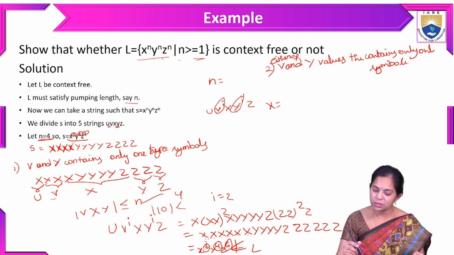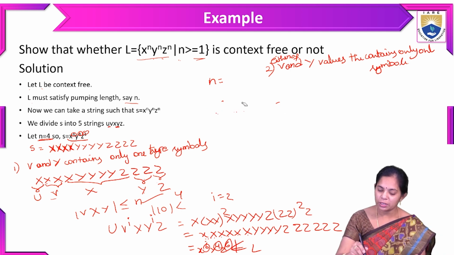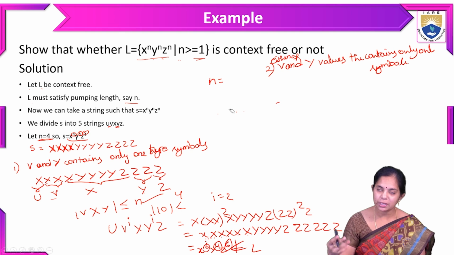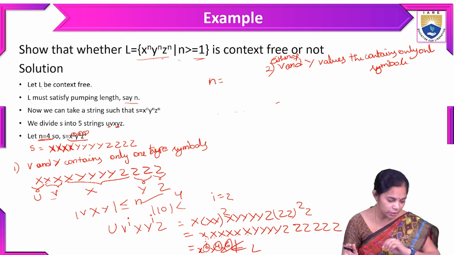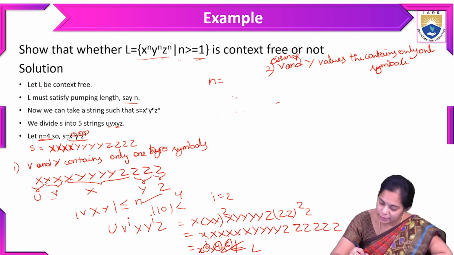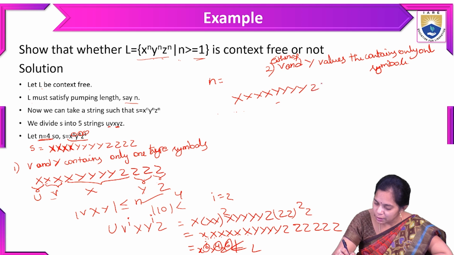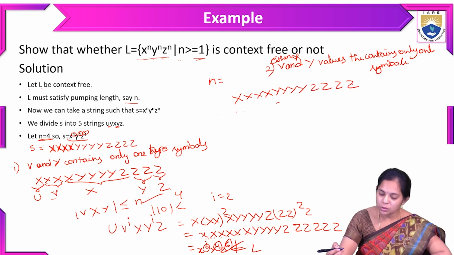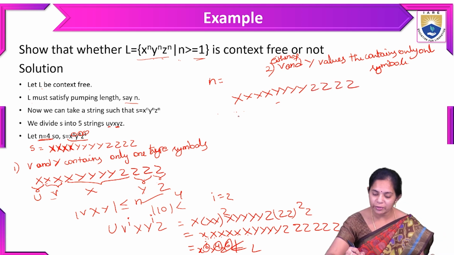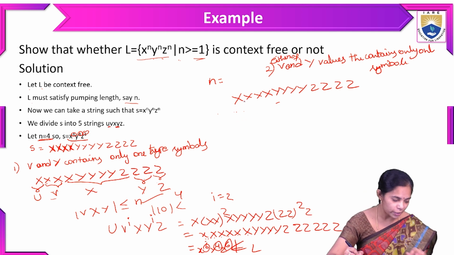In this condition, same thing, we have to divide that string into 5 parts. In those 5 parts also, let me check x 4, y, z. So in this one, v and y are the most important things.